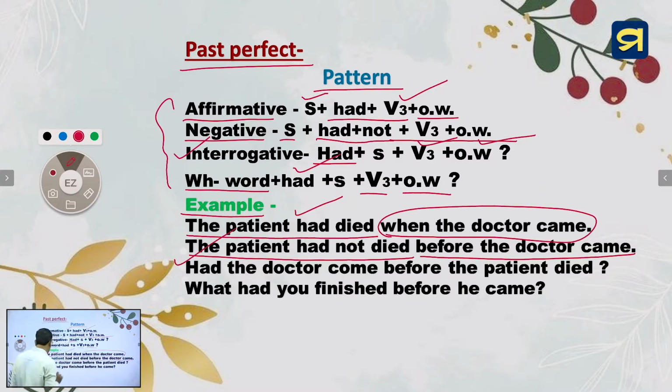And for double H interrogative: what had you finished or what had you completed before he came? It is in past perfect tense, and this is in past simple tense. For a single action, we cannot use past perfect tense. Past perfect tense is used only for the action that had taken place before another action took place. Okay?